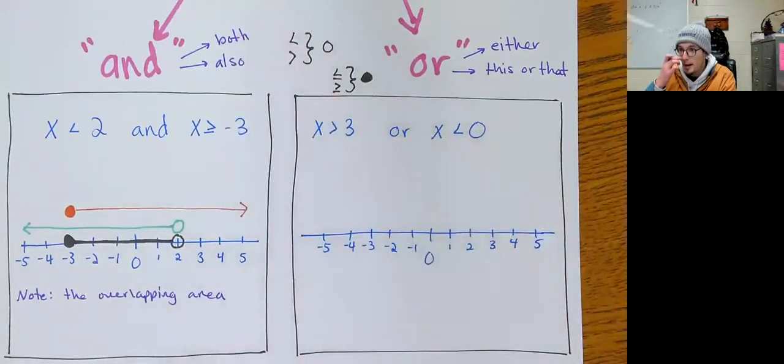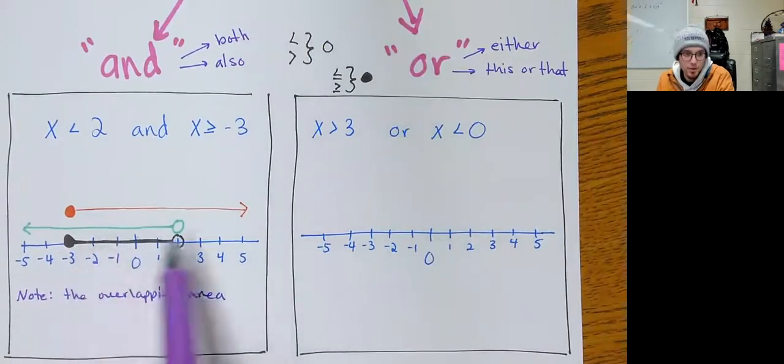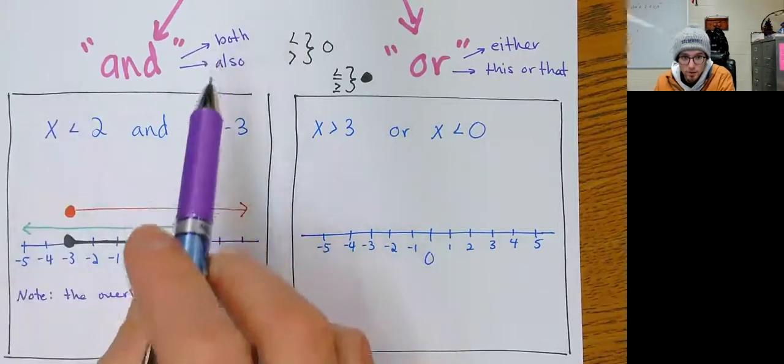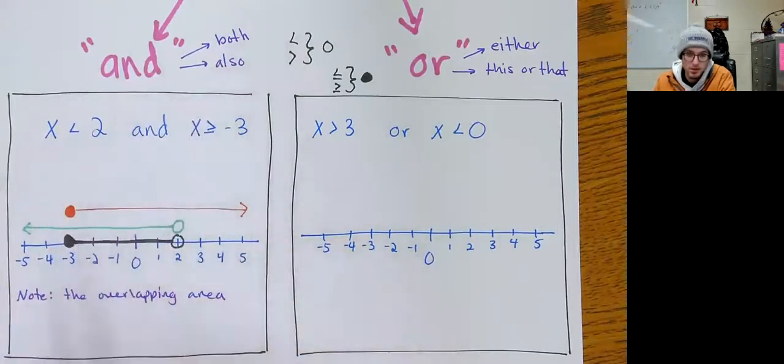We need to satisfy both simultaneously. Every value that we pull out has to solve both. Both, also, including both of them. I think you get my point.